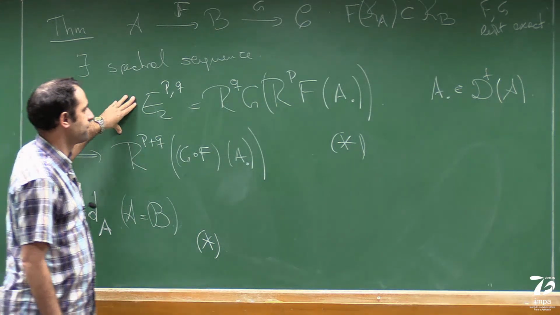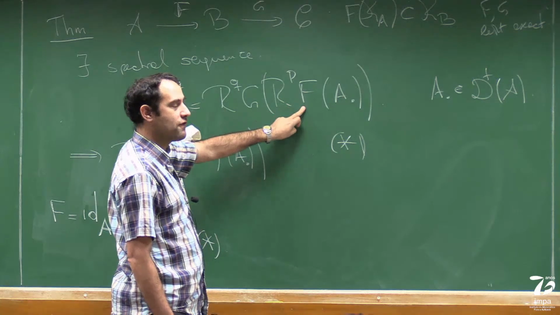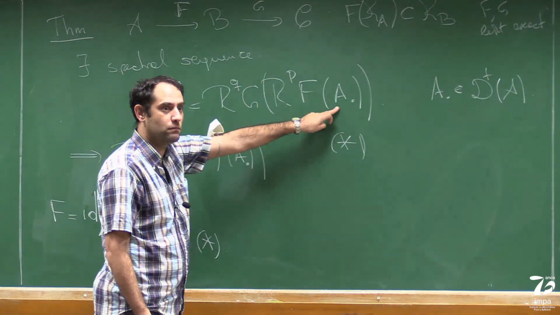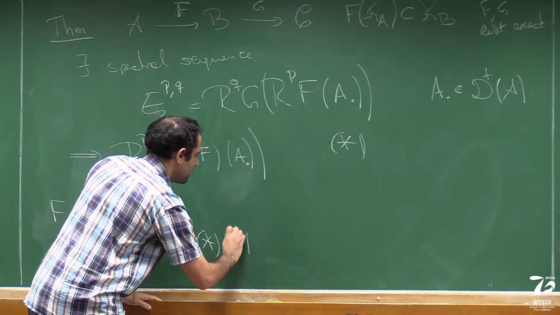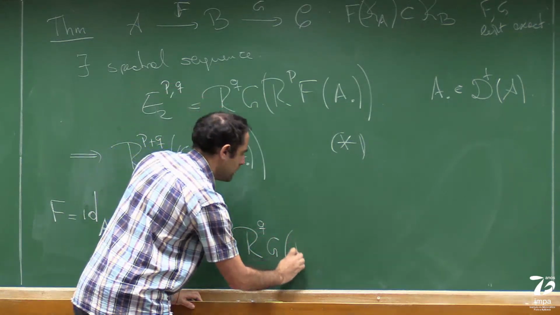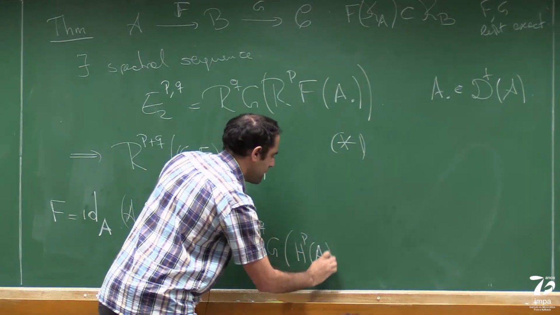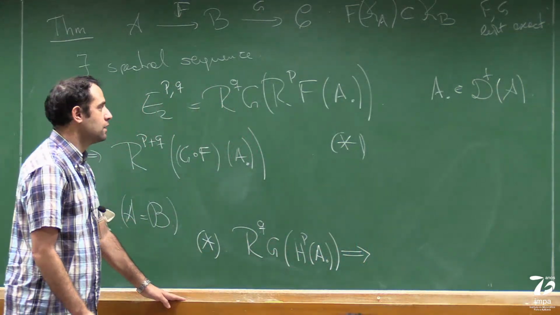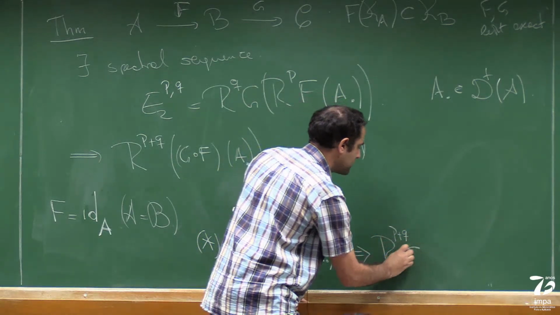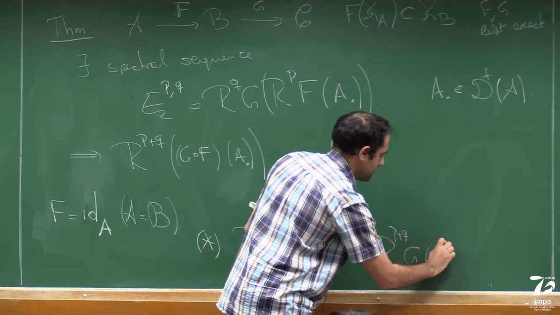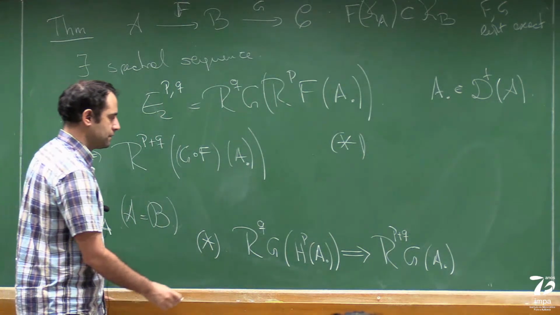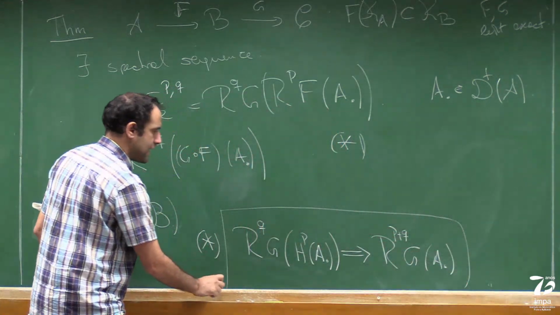Well, if F is the identity, the P homology of F is just simply the P homology of A. And I get the Q homology of G applied to the P homology of this complex A, and this should converge to the P plus Q homology, the P plus Q derived functor of G on this complex A. And this is already non-trivial to prove. So this is the case where F is the identity.